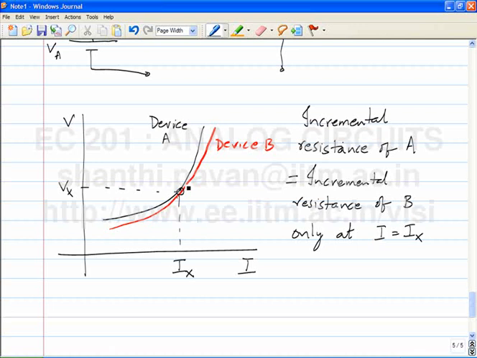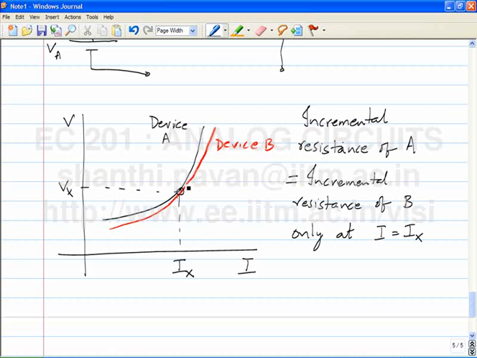So for example, if 5 millivolts is the limit of small signal operation for device B, it will certainly not be small signal for device A because the characteristic of device A is changing much more rapidly around the operating point when compared to the characteristic for device B.